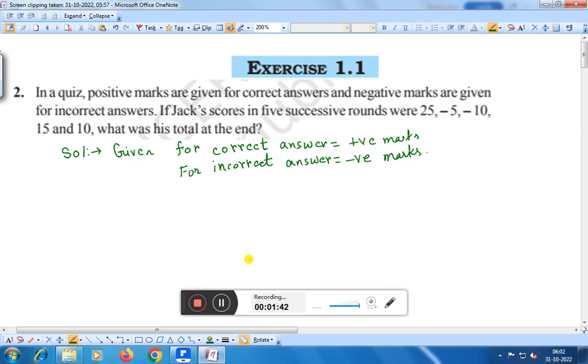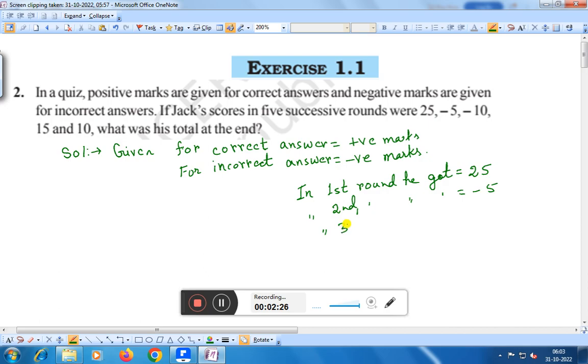Right? Now, Jack's scores in 5 successive rounds were 25, minus 5, minus 10, 15 and 10. In the first round, he got 25 marks. In the second round, he got minus 5.